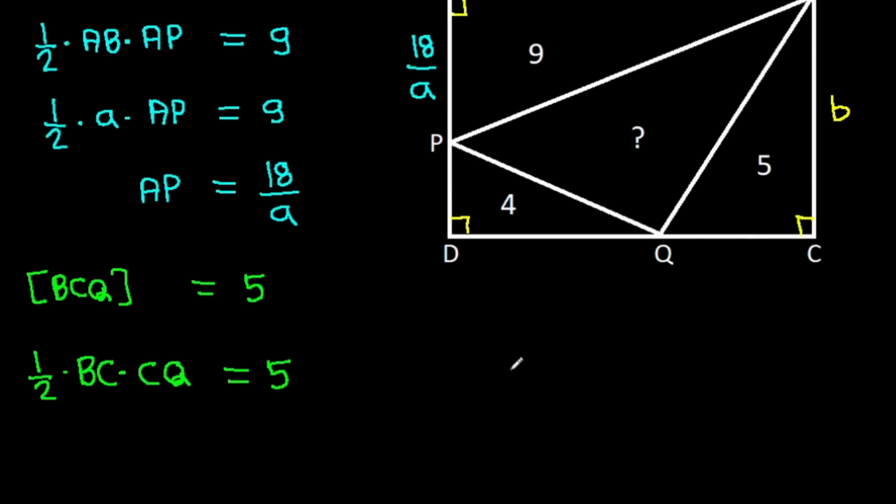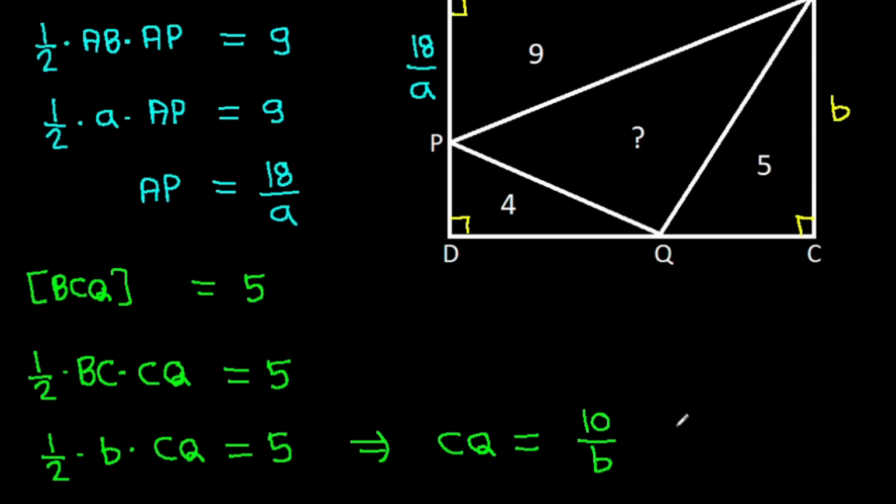It is 1/2 times BC, which is B, times CQ. It is 5. So from here we can get CQ is 10 over B.